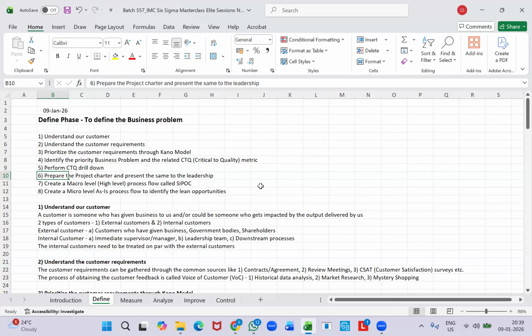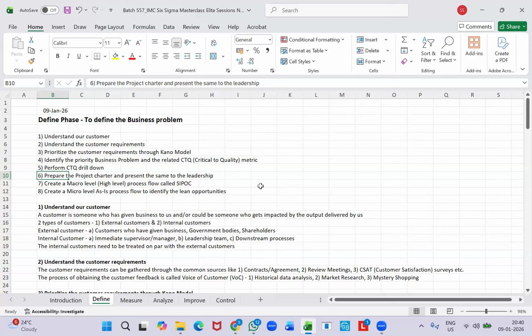So that being the case, how to get the approval from the leadership team? The project team will have to prepare this introductory document called project charter, and it will be presented to the leadership team for them to provide necessary approvals to the project team to proceed with the project exercise. Only after this will the project team be able to proceed further, because Six Sigma requires some special focus to be provided, so some time to be spent.